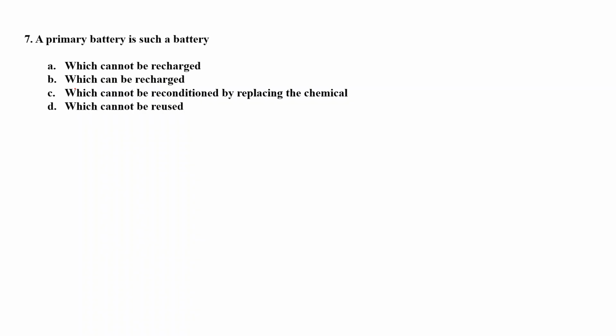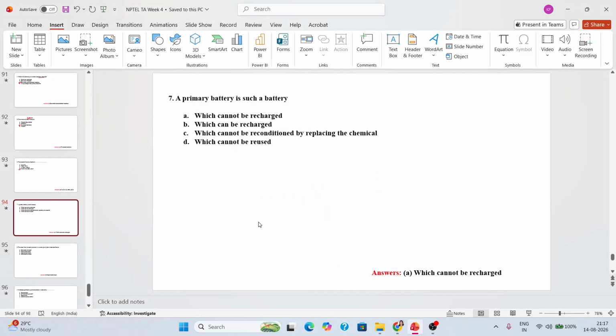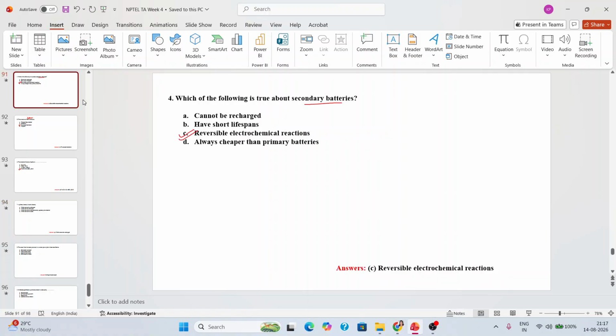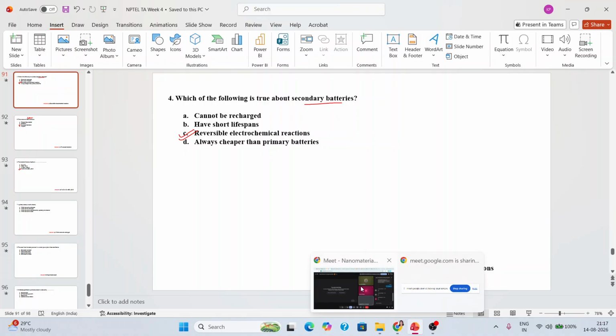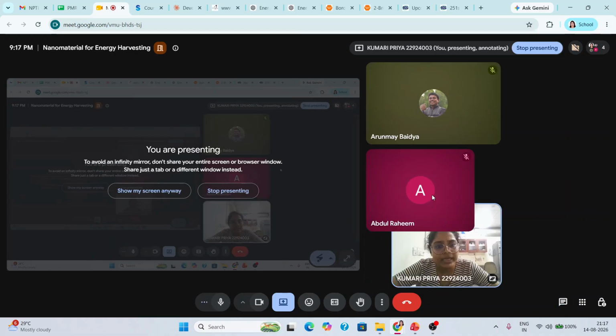A primary battery is such a battery which cannot be recharged, which can be recharged, which can be conditioned by replacing the chemical, or which cannot be reused. Any one of you? Are you guys here?